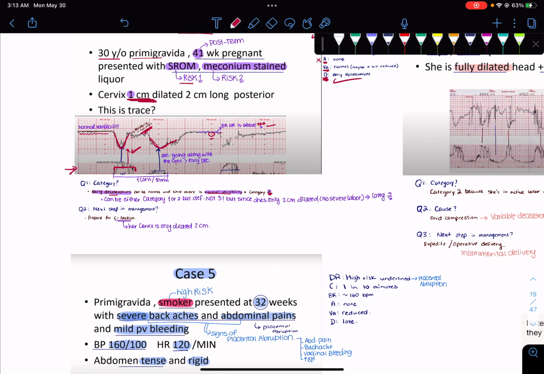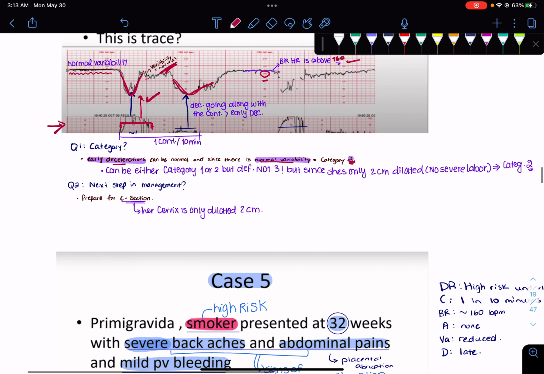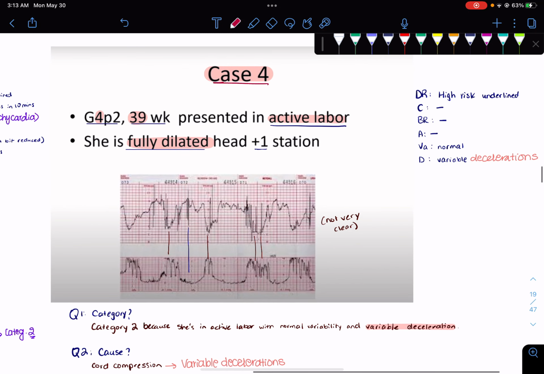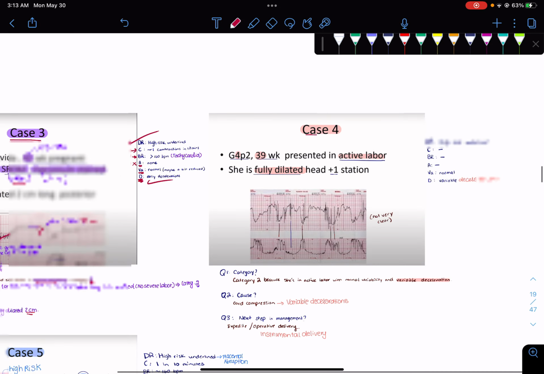So a woman in category 2, what's the next step? Prepare her for C-section. Why did we say that? Because her cervix is only dilated 2 centimeters. We want to deliver her immediately. Okay? In case 4, this is also a not very clear one. So I'll keep it for you guys.